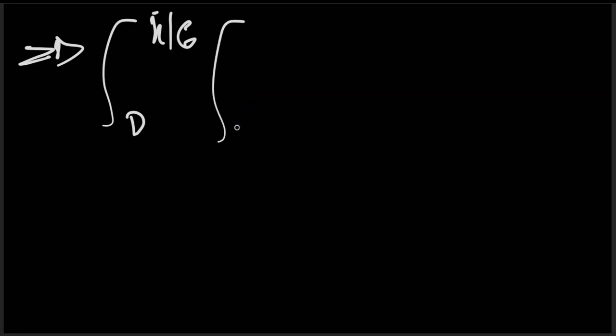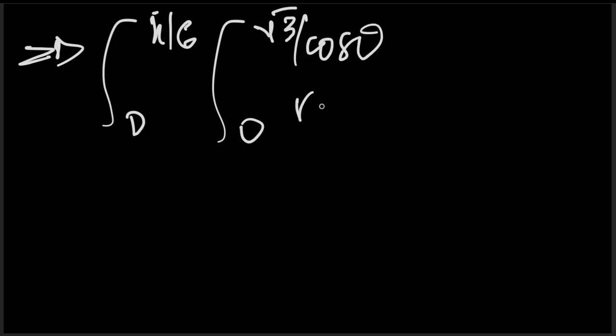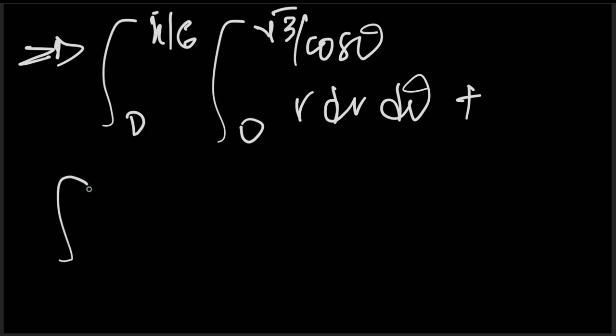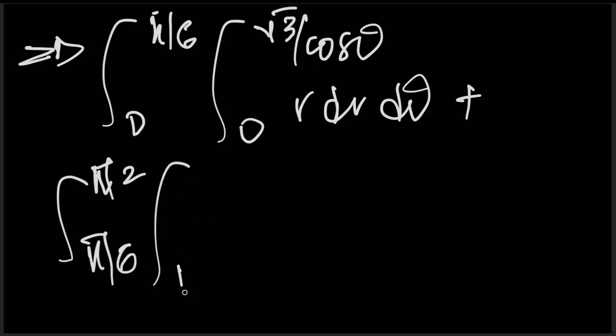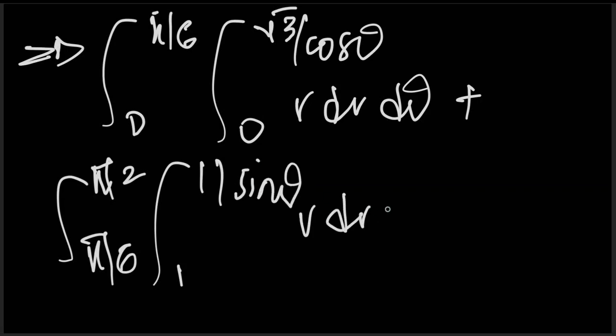Then, using the limits, the integral moving from 0 to pi over 6, then the integral moving from 0 to root 3 over cos theta of r dr d theta, plus the integral moving from pi over 6 to pi over 2, with r from 1 to 1 over sin theta, r dr d theta. So this is the area.